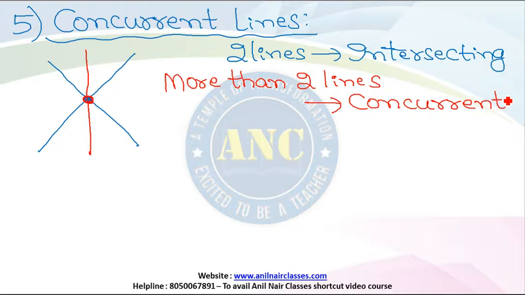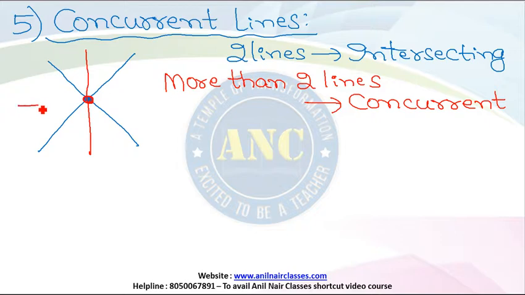Intersecting lines means only two lines should be intersecting at a single point. Concurrent lines means more than two lines should be passing through a single point. It can be 3 lines or 4 lines or 7 lines or 10 lines. It really does not make any difference.